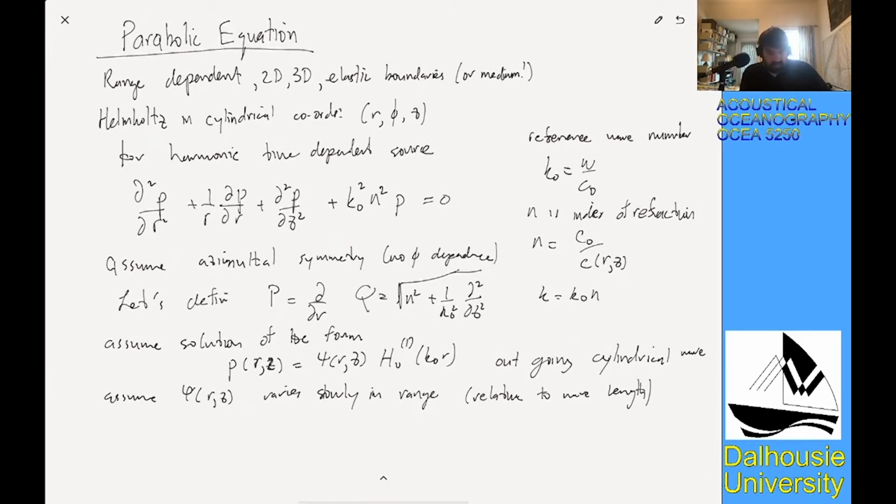We already know the definition of our Hankel function, which is, to refresh, a solution to Bessel's equation.